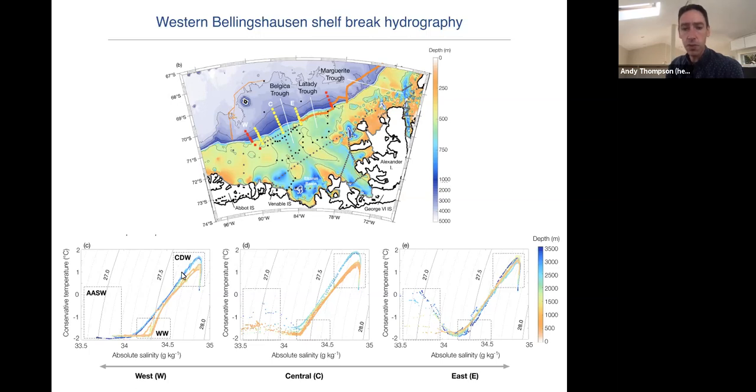And so a traditional place you would go to look at for frontal structure would be in the Circumpolar Deep Water class. And you can see here, both in the west and the central sections, there is indeed a strong front where there's warmer water offshore, these blue colors, and modified circumpolar deep water on the shelf. As you move to the east, that front's still there, and eventually it goes away where circumpolar deep water is getting up onto the continental shelf here.